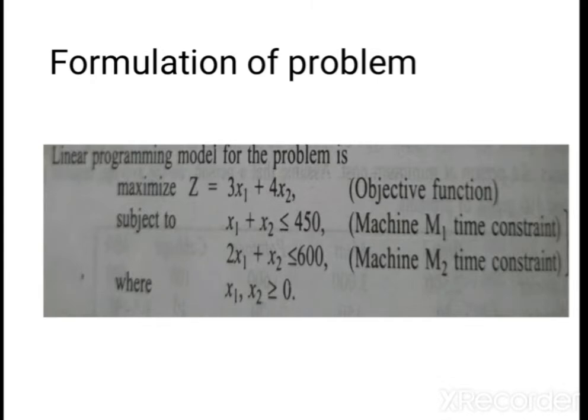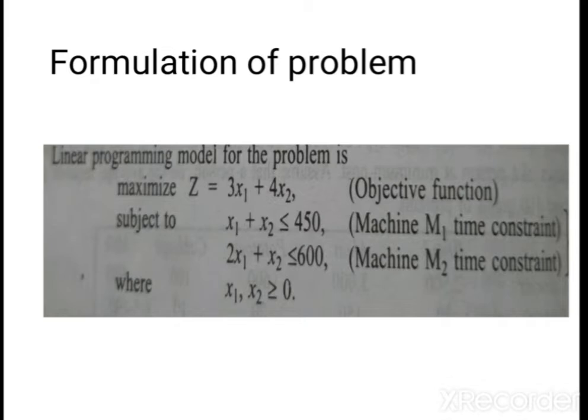Since the first two conditions are met within the problem, non-negative slack variables S1 and S2 are added to the left hand side of the first and second constraints. See, x1 plus x2 is less than or equal to 450.